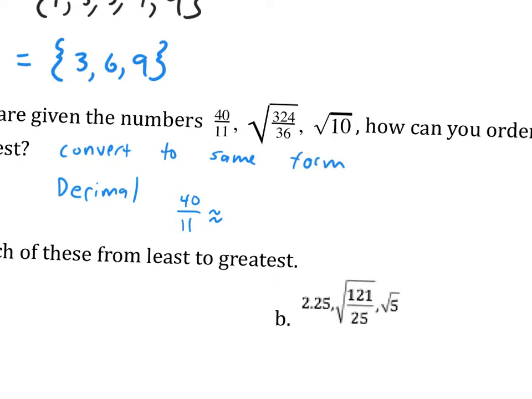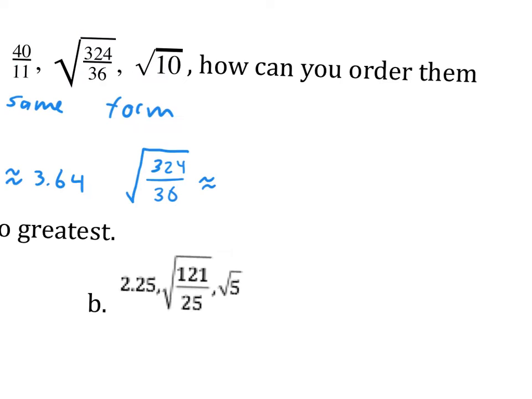That's an equal sign with a squiggle. That means approximately equal to, because I'm not going to write the entire number down. If I did, it would take forever. So I'm just going to say approximately 3.63 or 64.